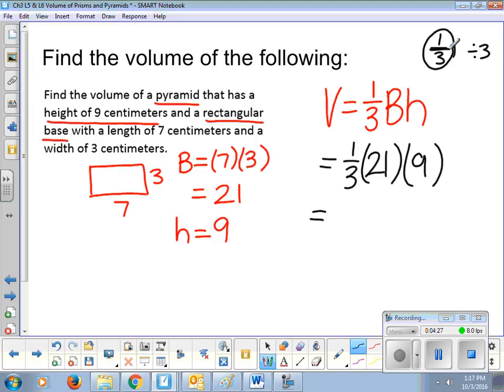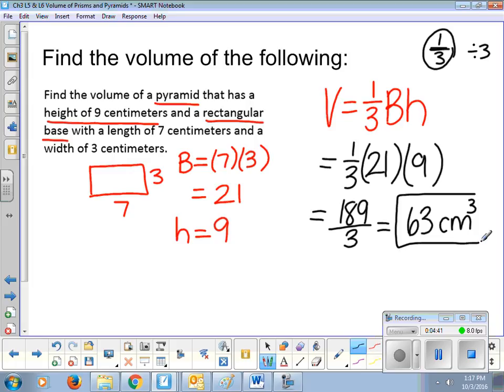When you multiply 21 times 9, you get 189, and if I put that over 3, we have to divide by 3. 189 divided by 3 gives us 63, and our units are centimeters, and volume is always units cubed. So we get 63 centimeters cubed, or cubic centimeters.